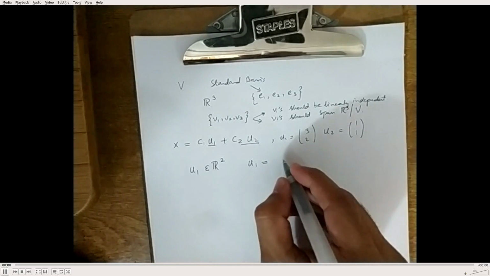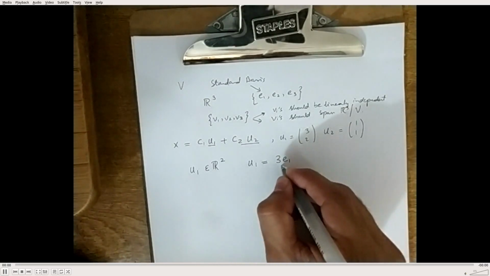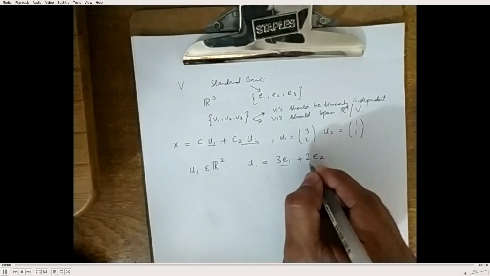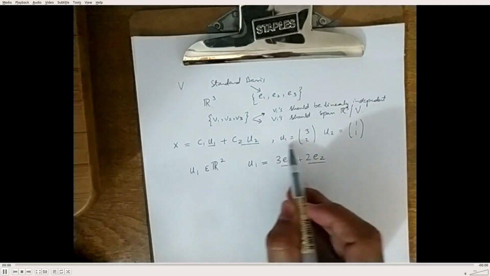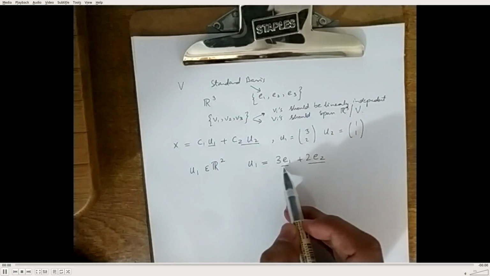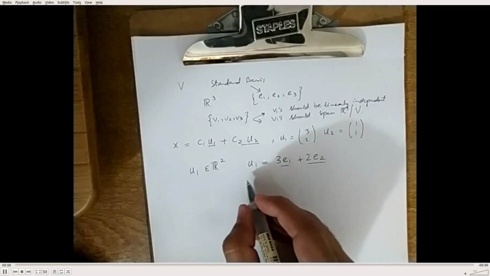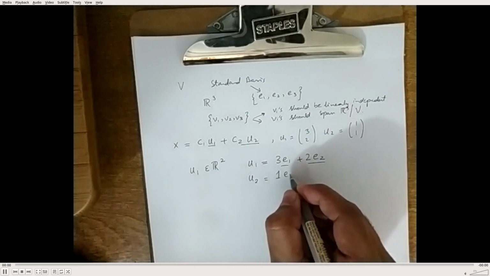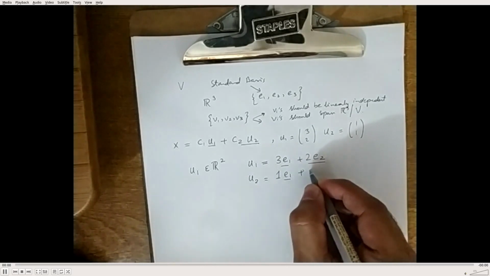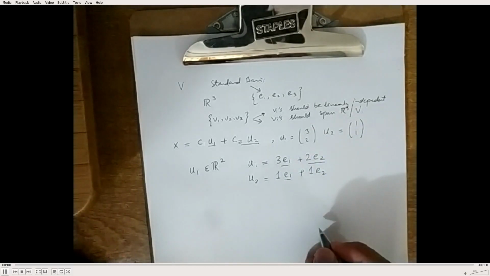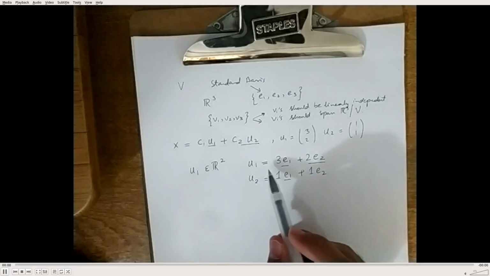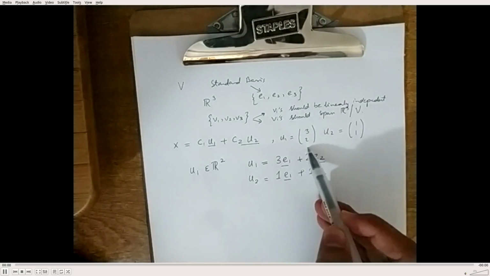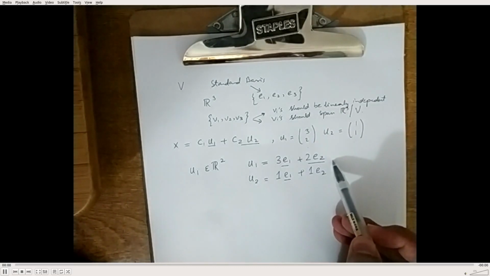If I just write it as 3e1 plus 2e2, then I'm representing my basis vector in terms of the standard basis. Similarly, I can write U2 as 1e1 plus 1e2.